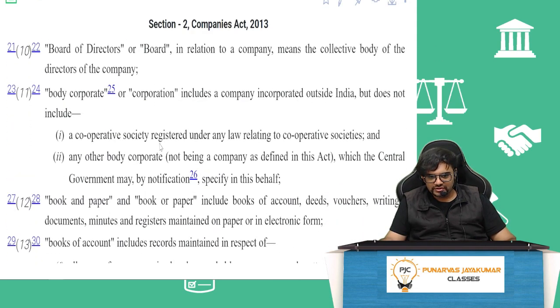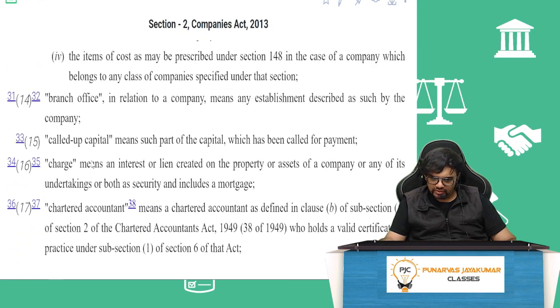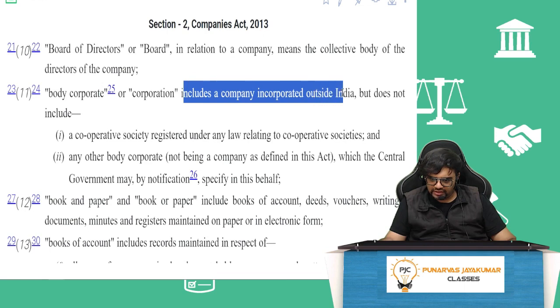Yes, body corporate, you see. Let's see the company definition. Company means, exhaustive, a company incorporated under this Act. Which Act? Companies Act 2013, or the previous company law, that's okay. But you see the body corporate definition here, Section 2 clause 11, includes a company incorporated outside India.